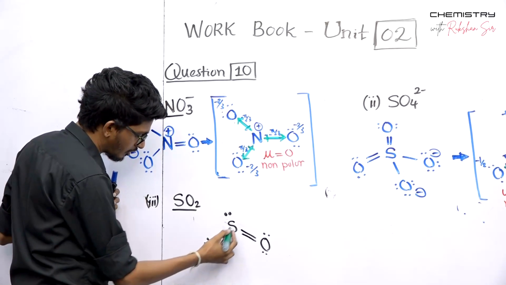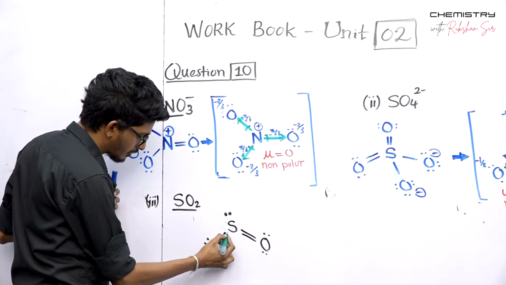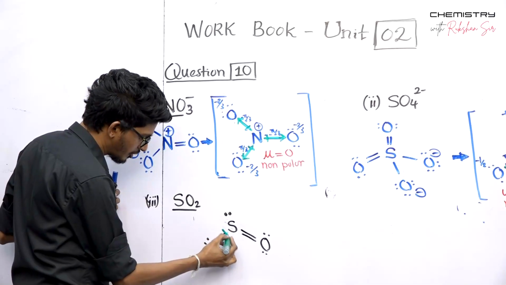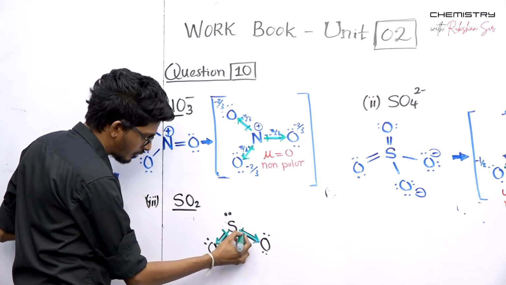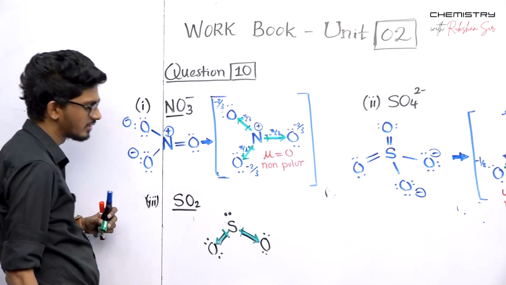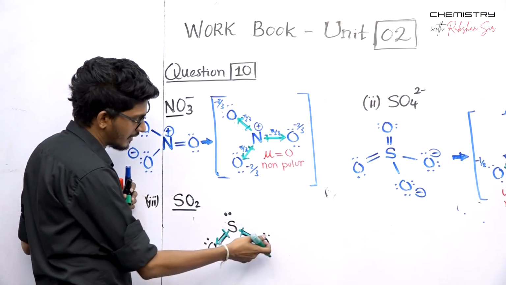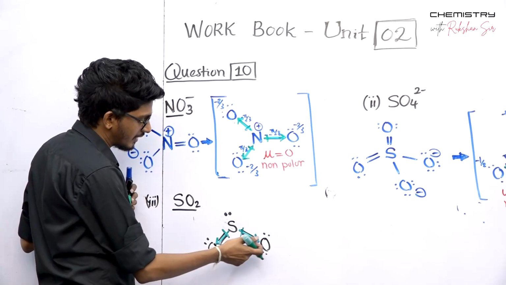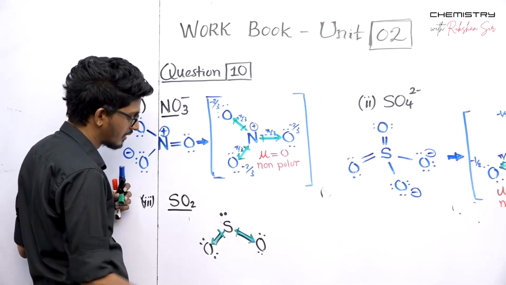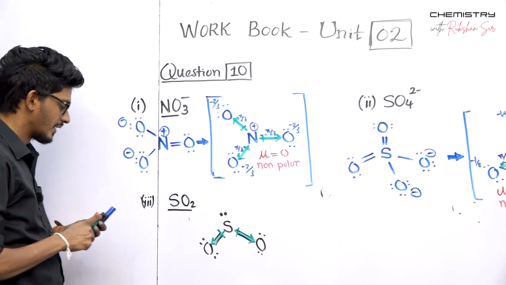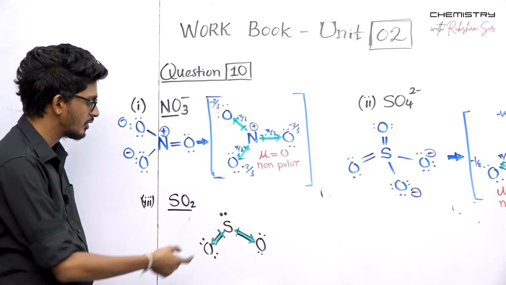So the dipole moment of this SO bond: the electrons will be attracted towards the oxygen, which is more electronegative than the sulfur. So towards the more electronegative atom the arrow head comes, and the arrow tail comes towards the least electronegative atom, right? This is how the dipole moments of the individual bonds are marked.